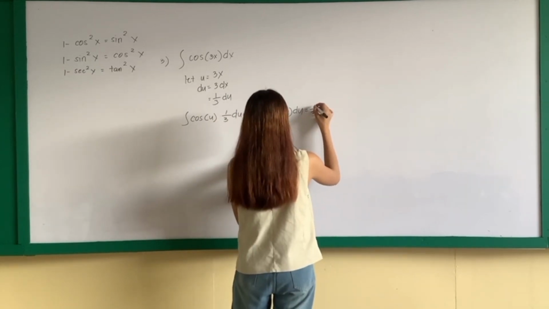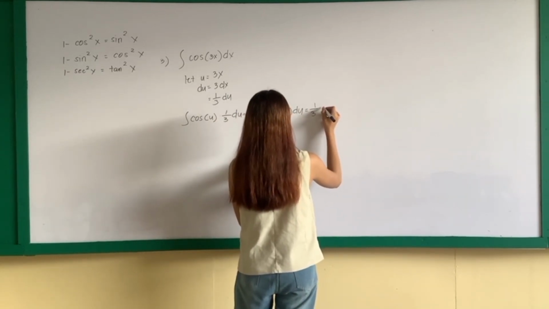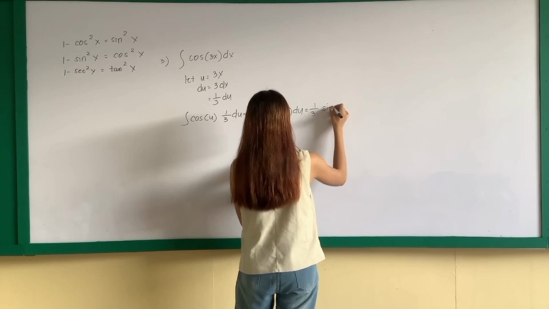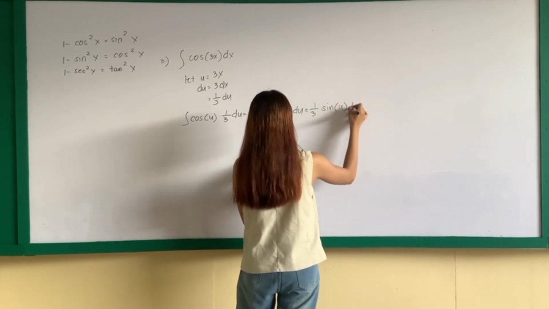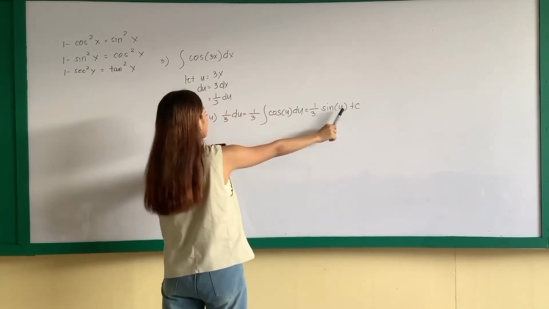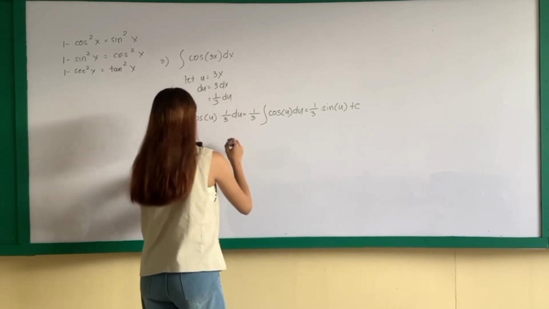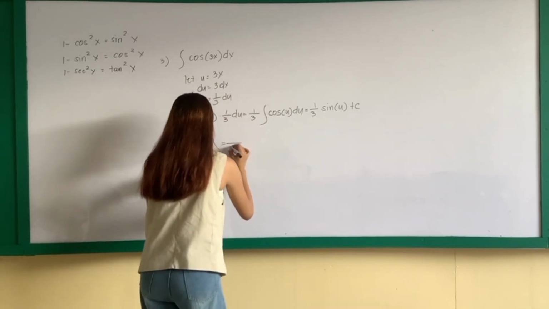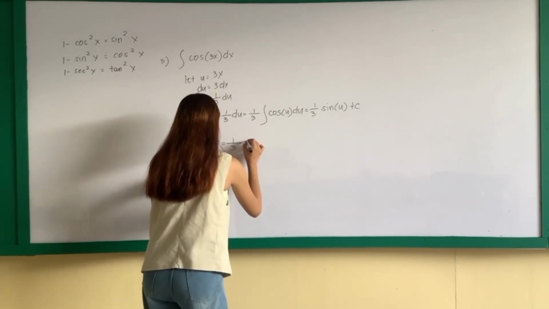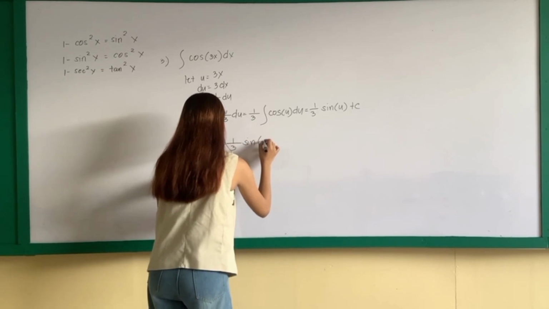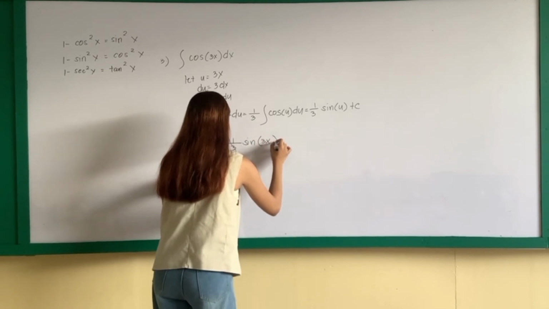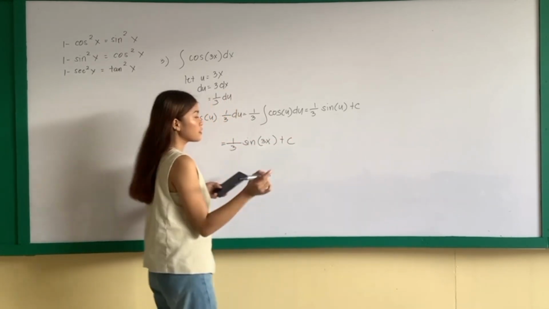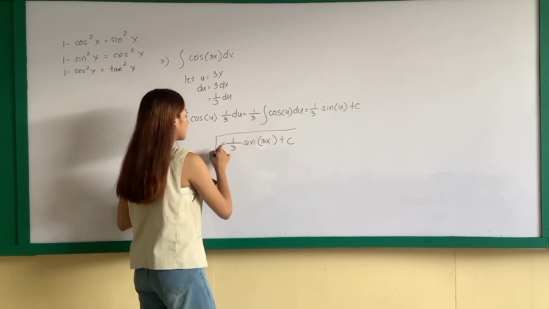So 1/3 sine u plus c. And now let's substitute the value of u. We have 1/3 sine 3x plus c. So that is our final answer.